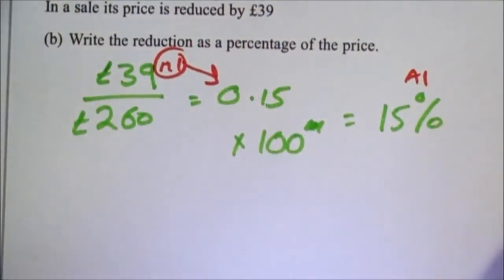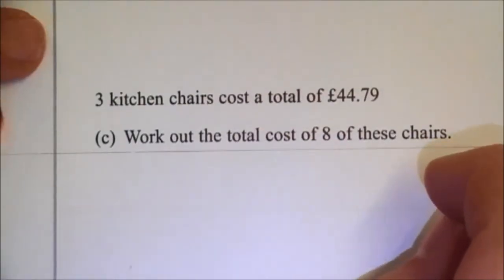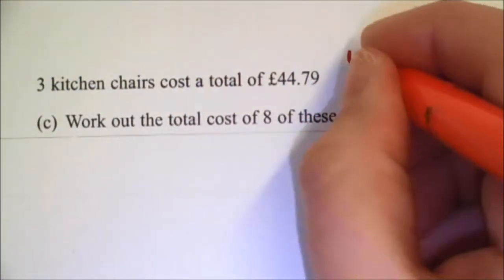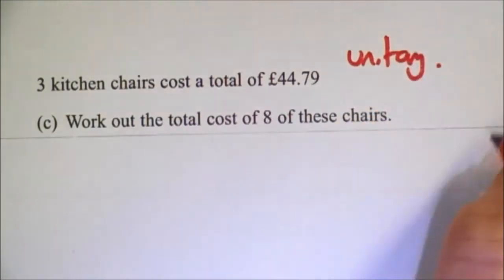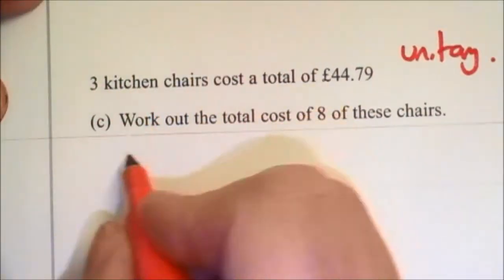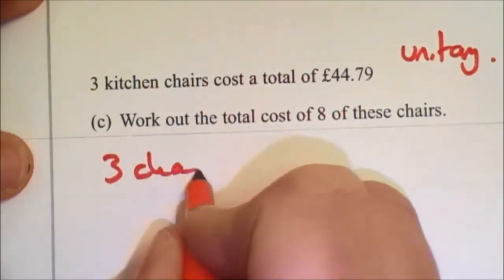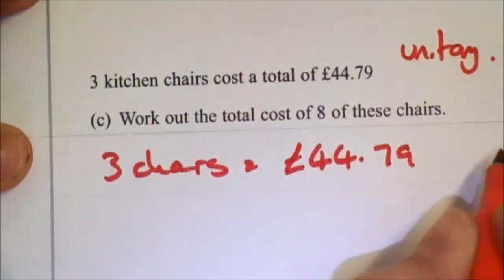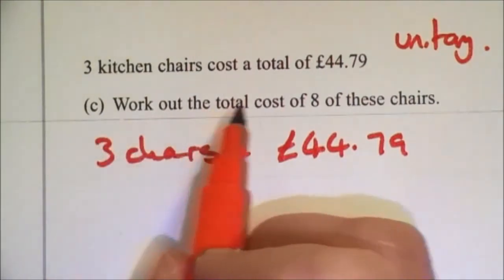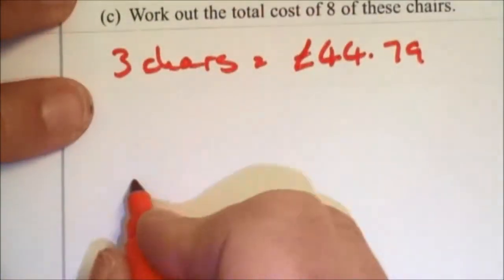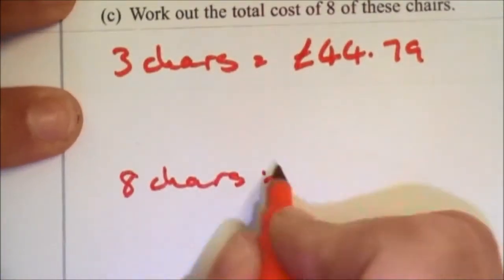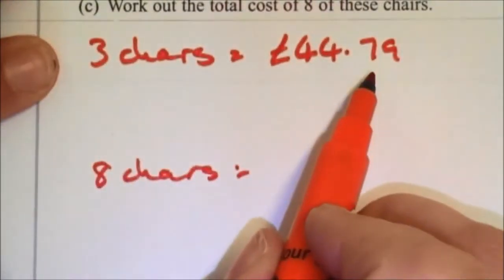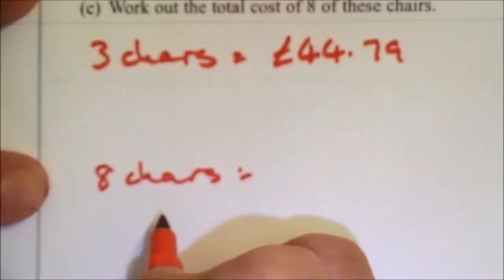Question 3 is all about proportionality and using a unitary method to find the cost of something. So they've given you the information that 3 chairs cost £44.79. We need to work out the total cost of 8 of these chairs. So I know 3 chairs is £44.79, and I somehow need to get to 8.